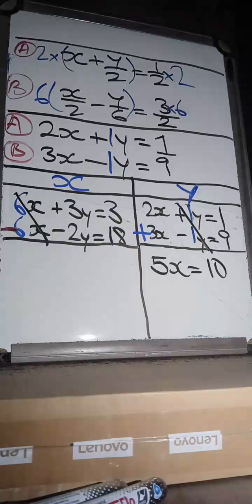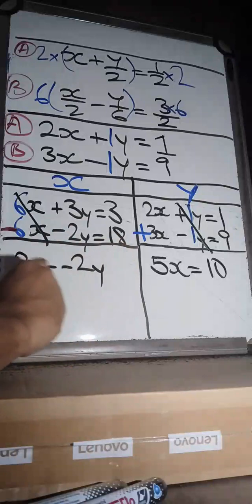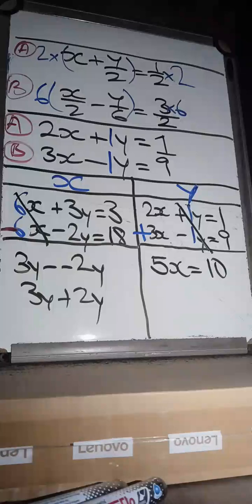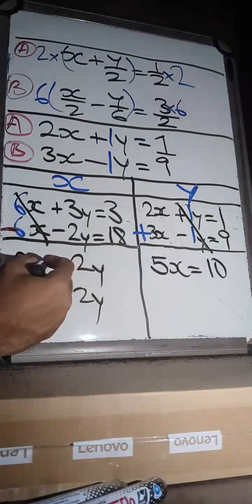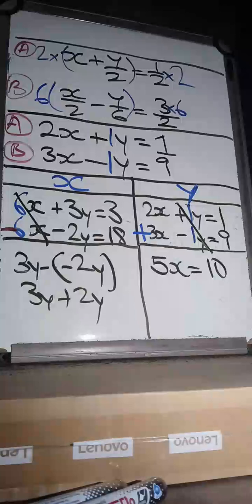Now 3y minus 2y is 3. So let me just actually put it down. So when we have this, it actually becomes this. It's as if you have minus 1 multiplying by minus 2y. Right? So it's like you have this happening, and there's an invisible 1 right there.